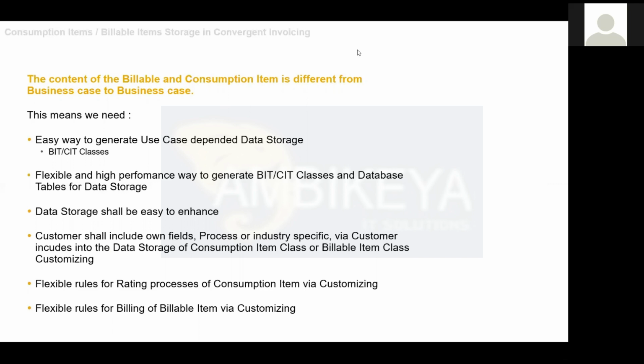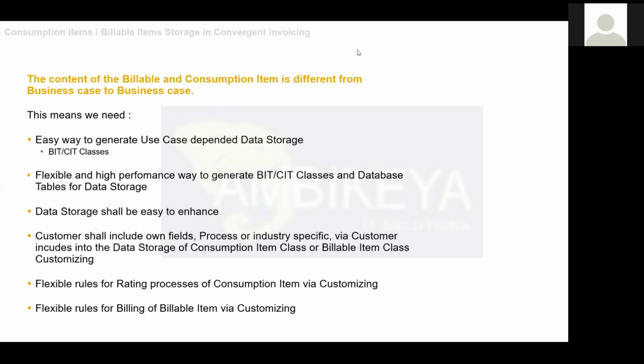If they are billable but not billed, they are moved to different databases, because then the billing process has a higher speed if only the billable items are stored in the correct databases. So you are able, just with customizing, to generate BIT classes and SIT classes depending on different business cases and different processes that you want to cover. And you are highly flexible also to generate database tables.